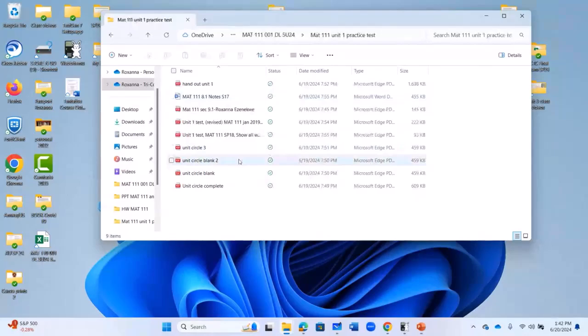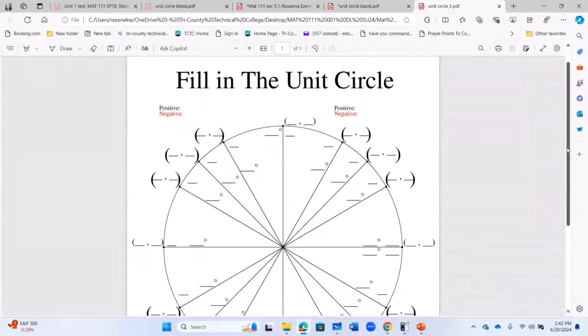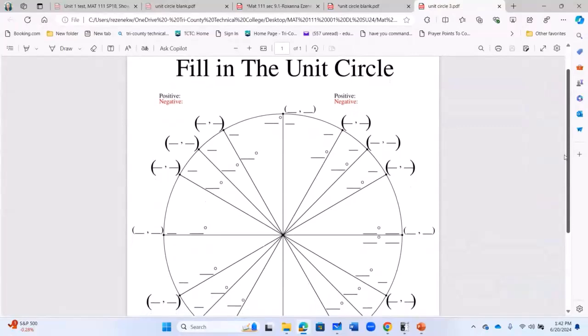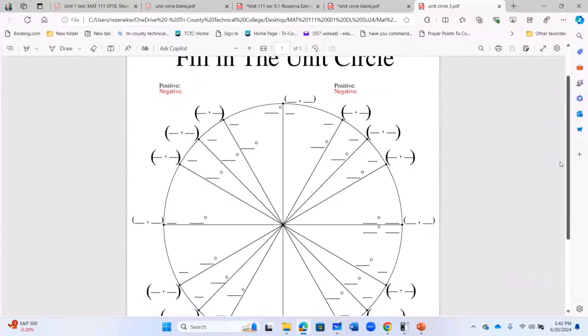Right here, I put a blank unit circle. Okay, and so we called it a unit circle because the radius is 1. All circles are not unit circles. Just know that we just saw that.